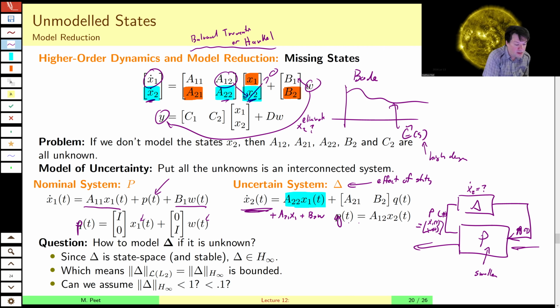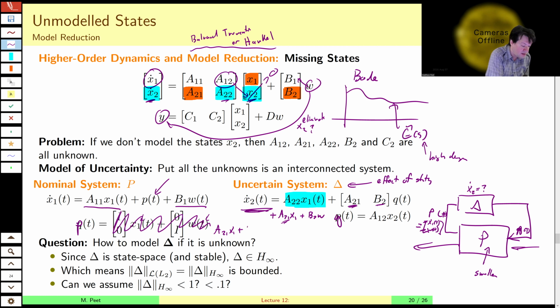Those two terms are then filtered through A21, which multiplies the first term, and B2 multiplies the second term. So they both come into the dynamics in this way. Again, this wasn't a very clever one. I should have done it more efficiently, making that output signal itself A21 x1 plus B2 w. That would have been clever, but I didn't do it, sorry.